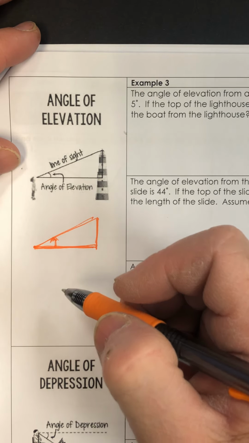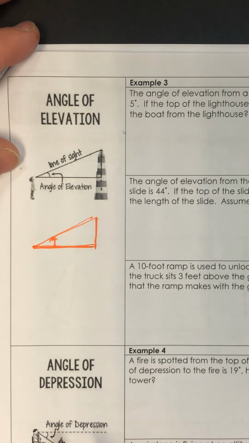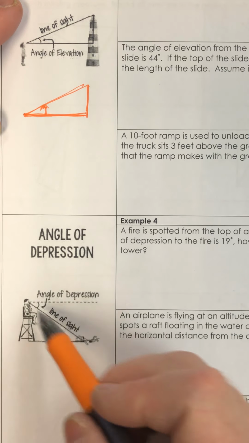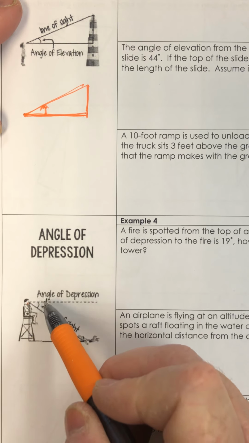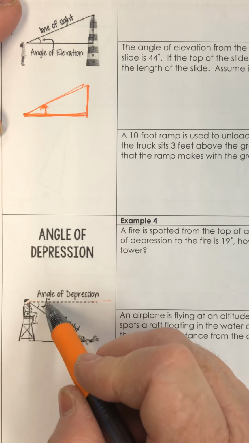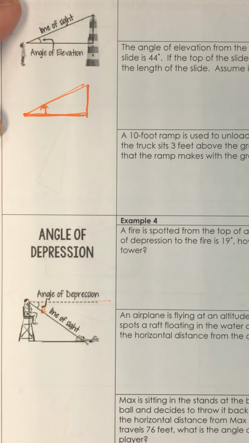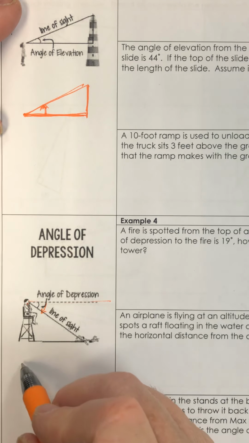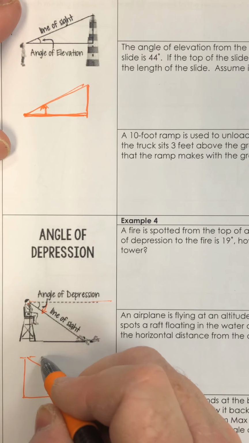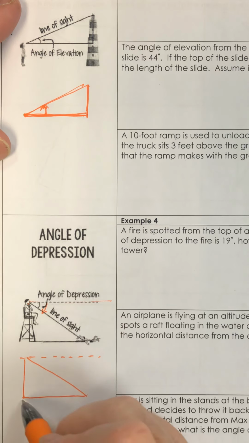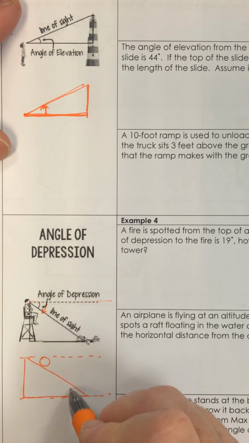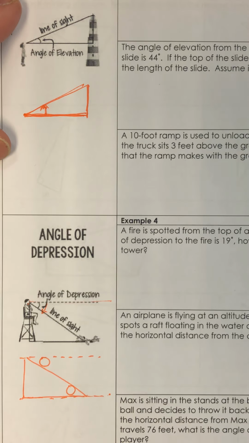Now there's also an angle of depression, which is the same thing, just reversed. If you're up high looking down at something, from straight across going down is your angle of depression. With angle of depression, if you make this line of sight and the ground parallel lines, this angle right here and this angle right here would be the same angle.